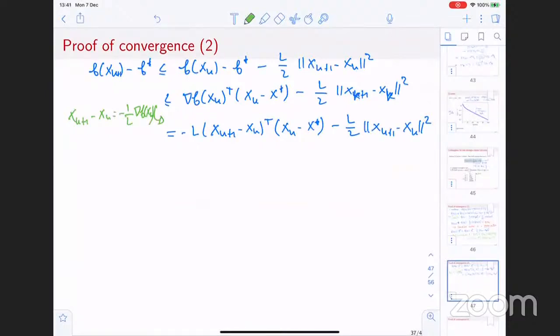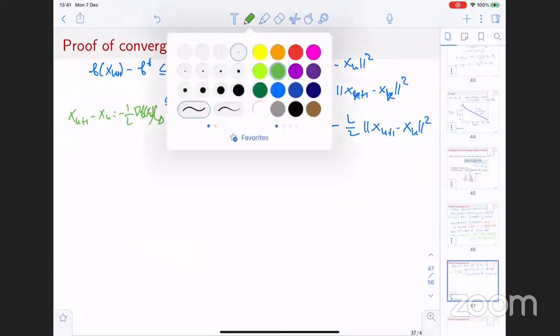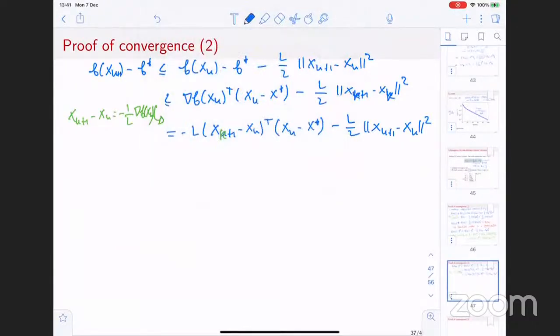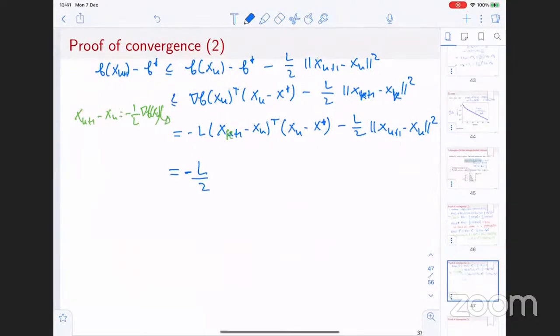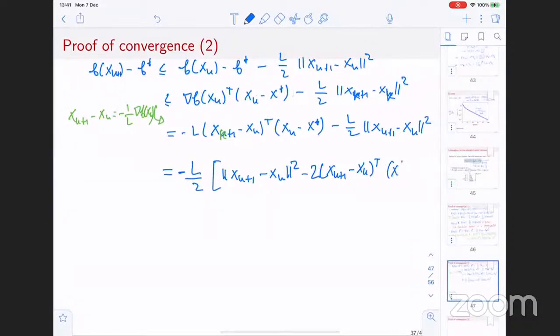Now I'm almost done, so I can just rearrange this expression. I'm going to write that this is equal to minus L over 2 times the norm of xk plus 1 minus x star minus xk, sorry, squared. And then I will have minus xk plus 1 minus xk transpose minus 2 transpose x star minus xk.